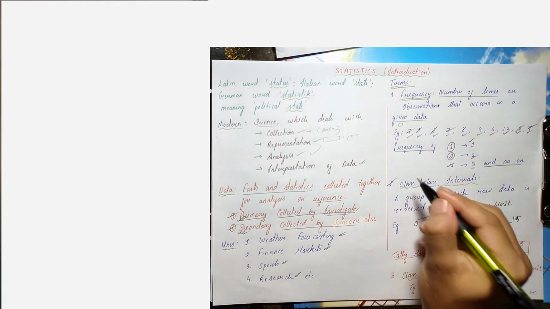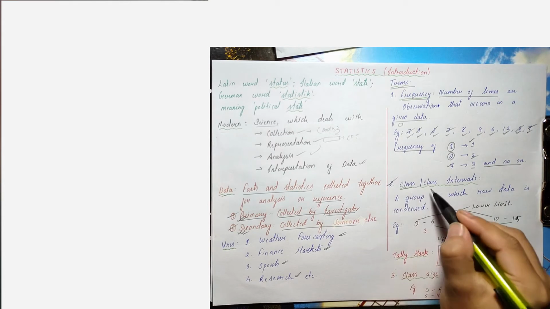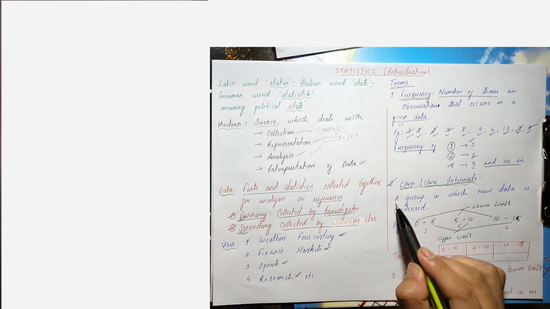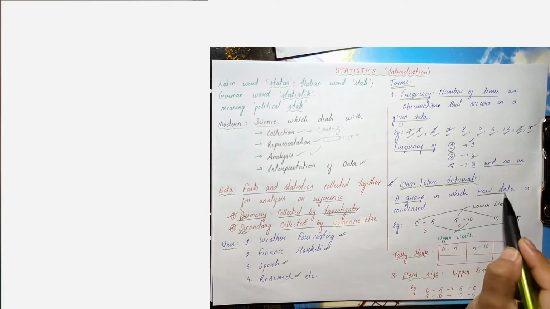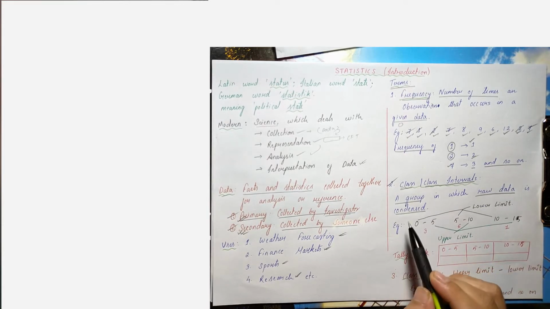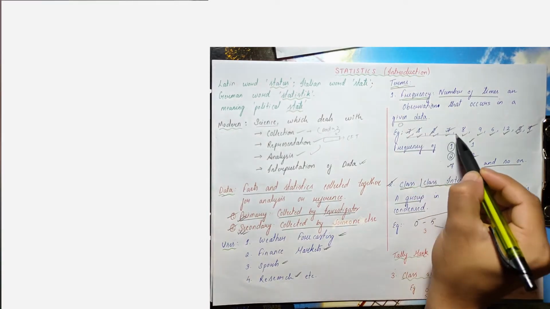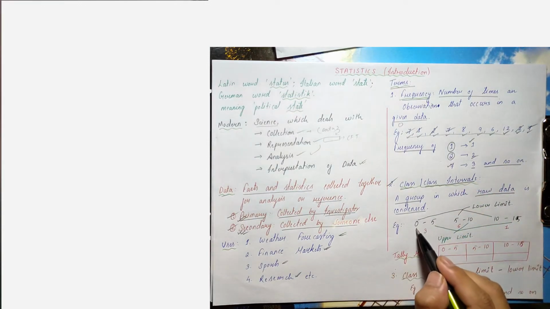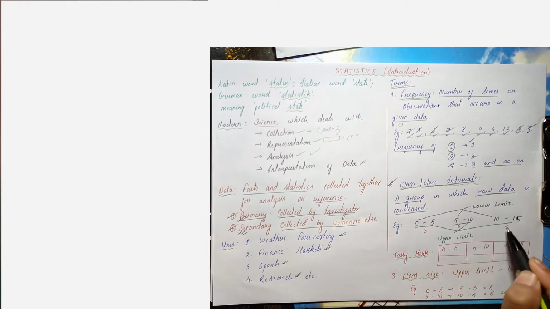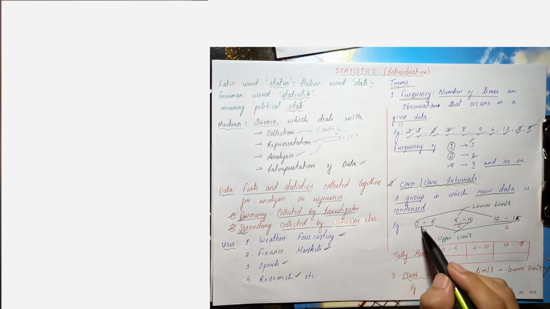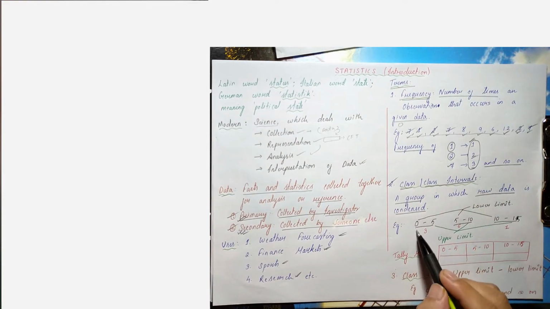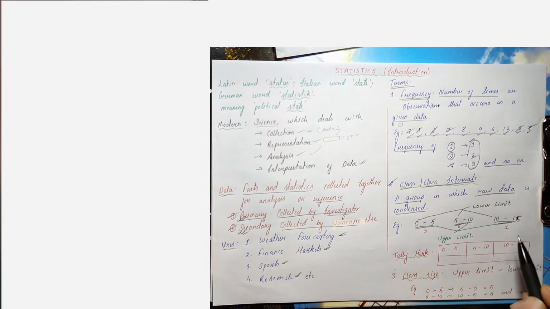Let us discuss the second term, that is class or class interval. It is defined as a group in which raw data is condensed. So these are your raw data. If you have to condense them into some groups, for example 0 to 5, 5 to 10, 10 to 15, then these are known as your classes. So how do we put the frequency in the class format?